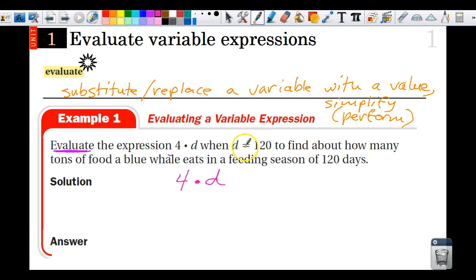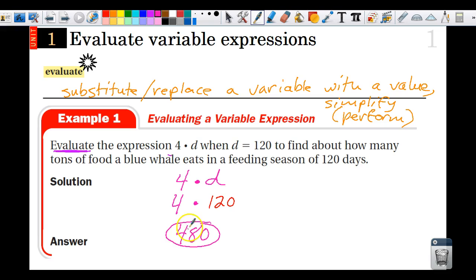They say d should be equal to 120. The equal sign implies that d and 120 are the same value. So I'm going to rewrite my expression, but instead of writing d, I'm going to write the number 120. After I multiply it together, 4 times 120 is 480.